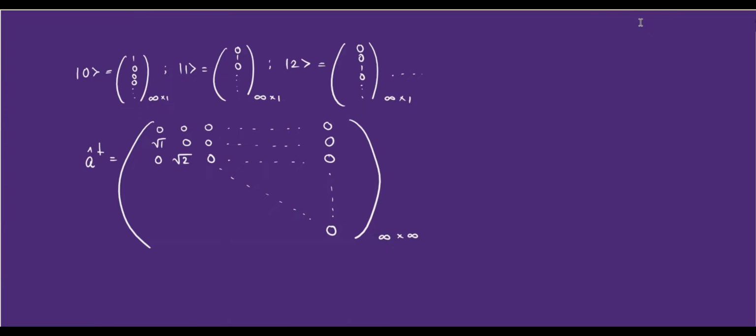Now, in the same way, we can write the matrix A cap as 0, root 1 0 0 0, 0 0 root 2 0 0, 0 0 0 root 3 up to 0, and this will also be an infinite cross infinite matrix.